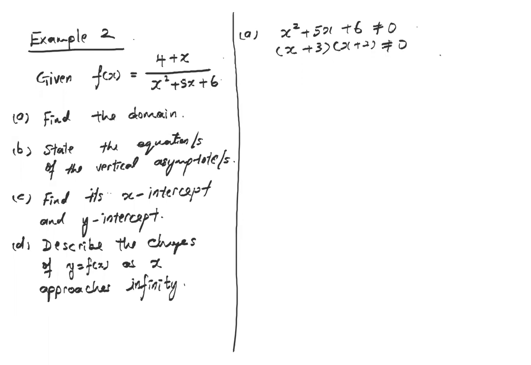That is how we factorize fast. You try to find the possible product that will give you 6, and the sum will give you 5. Are you clear?